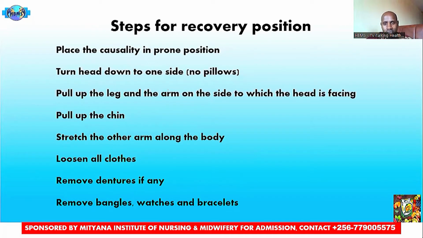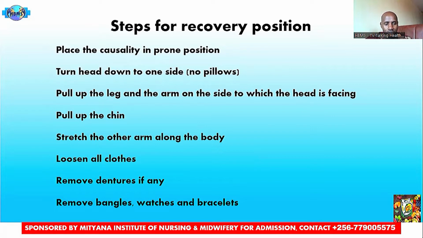So what are the steps for you to have the casualty in the recovery position? It is very important that you place the casualty in the prone position. That is when one is facing down. We will be looking at it. And you turn the head down to one side and you do not put any pillows. Then you pull up the leg and the arm on the side to which the head is facing.